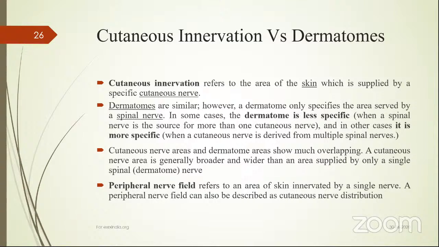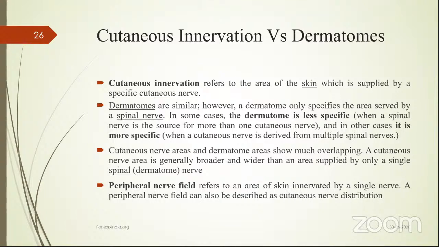When you think the problem is mainly from dermatome, if the cutaneous nerve is a combination of different spinal nerves, then dermatome becomes very important. We have to check dermatome rather than cutaneous innervations. Okay, so cutaneous nerve areas, sometimes it will be overlapping, and cutaneous generally broader, wider than the dermatome.